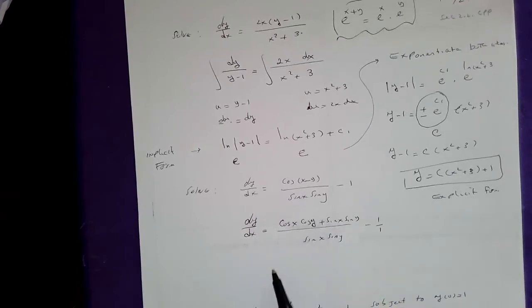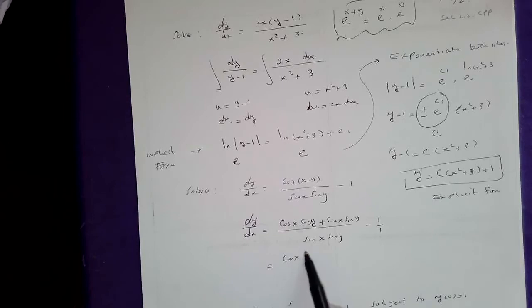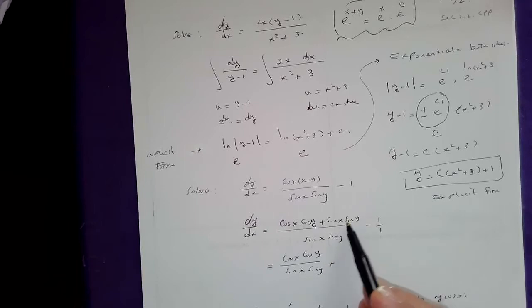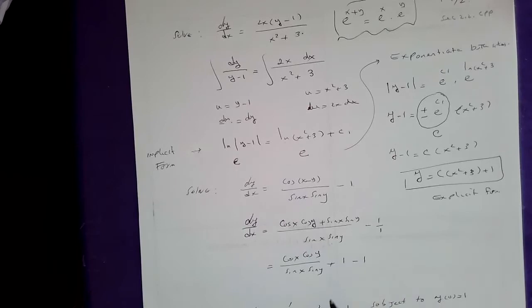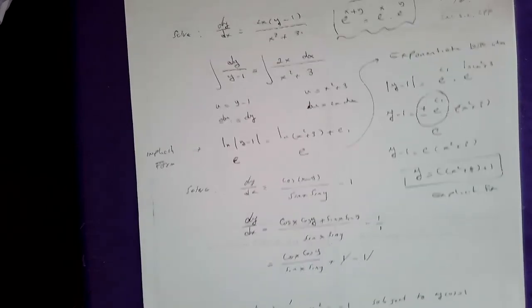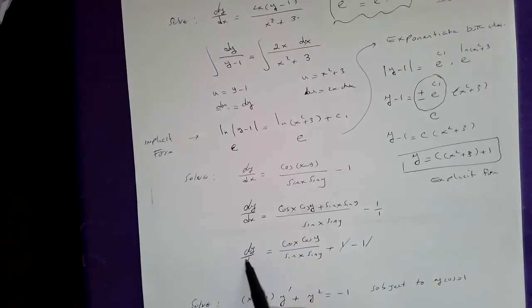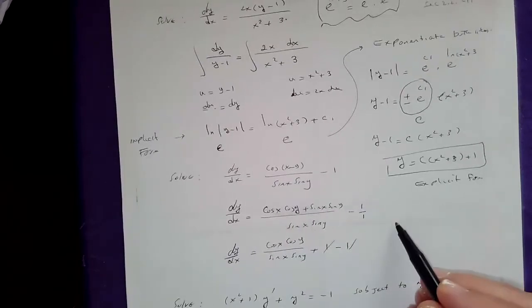Remember the identity for cosine of difference of two angles. But then I can split this and write cosine x cosine y over sine x sine y, and this guy divided by the denominator is 1, and guess what? The 1's cancel. So now you have dy dx equals this guy.